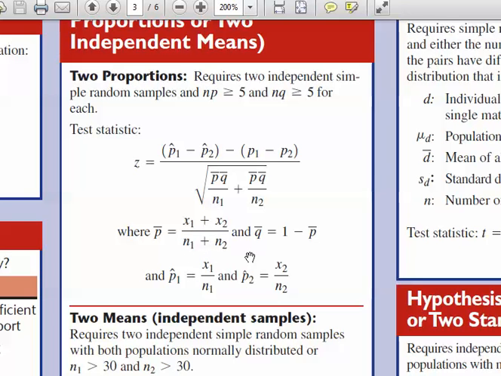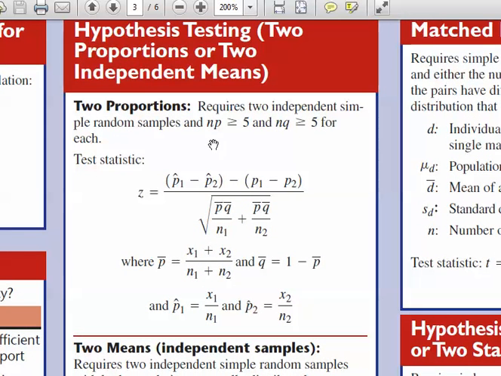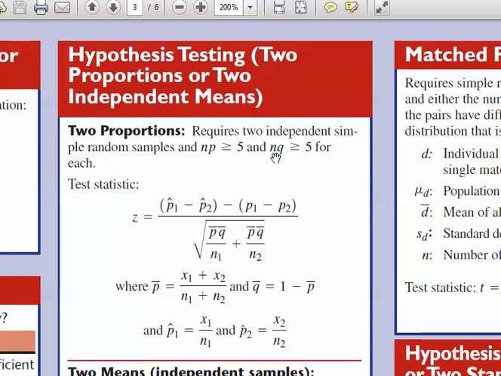And then the complement to that would obviously be 1 minus whatever number that is. Okay, so there was a requirement that I ignored over here that says if you're going to do this, n times p has to be greater than or equal to 5, and n times q has to be greater than or equal to 5. Now we're way over this for that problem, but just make sure that you're always qualifying that because there are requirements.